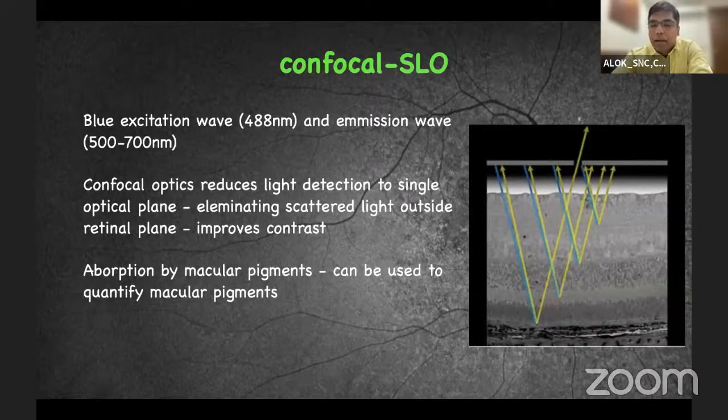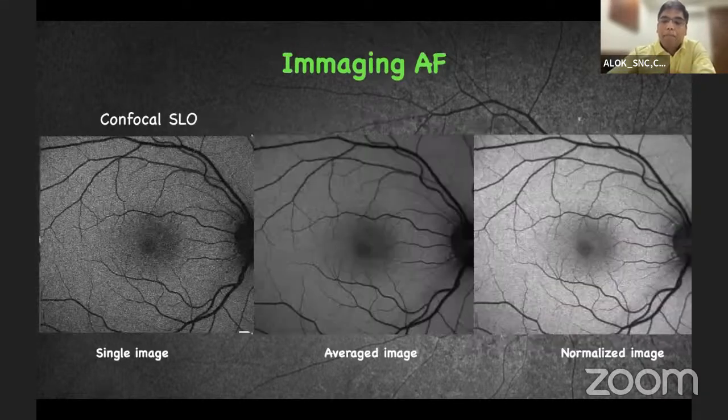So the scattered light from other reflectance is eliminated, and this improves the contrast. However, the absorption by the macular pigments of this wavelength will cause an impedance of the fluorescence coming from the fovea, and the fovea appears dark, and we'll see it in the picture.